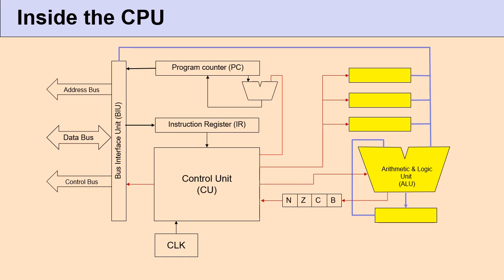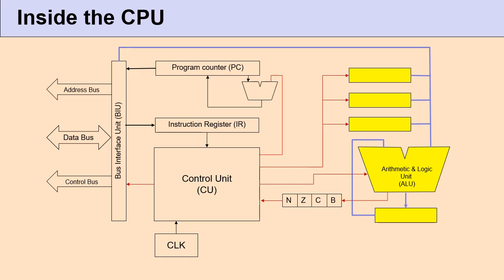So whenever the ALU carries out an operation, if that operation results in a negative value, then the N bit of this flag register will be set to 1. If the output is 0, meaning the result is 0, then the Z flag of the register will be set to 1. If there's a carry forward to the next stage, then the C flag will be set to 1.